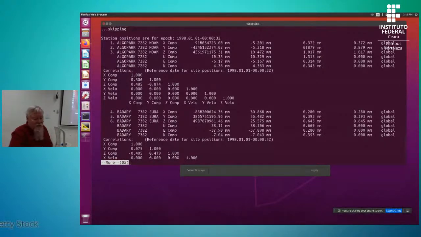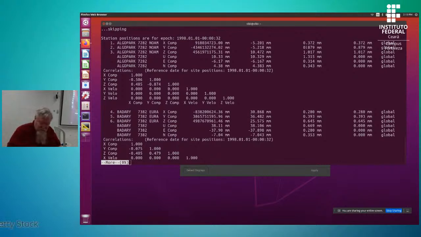If you look at this in up, east, north, Algo Park's up component has an uncertainty of 1.3 millimeters, but its east and north are about 0.3 millimeters. And that is typical in that the up component is always less well determined than the horizontal, or almost always.